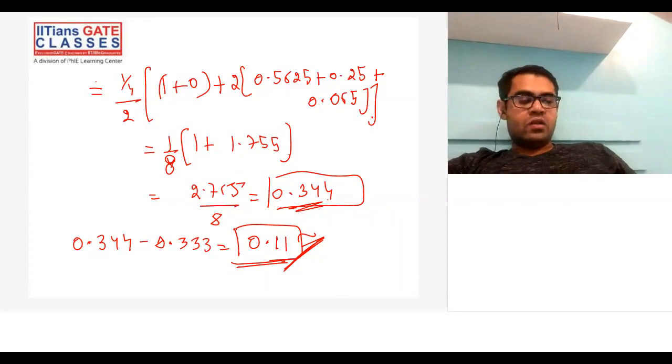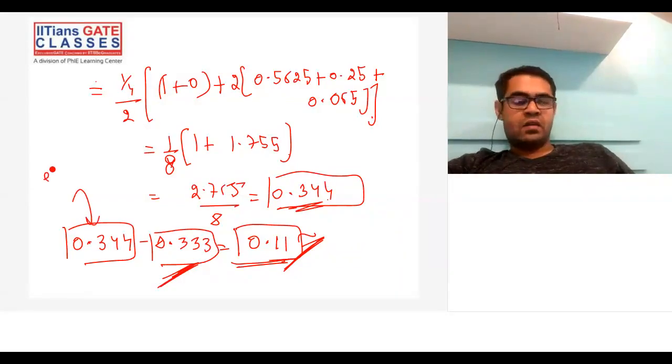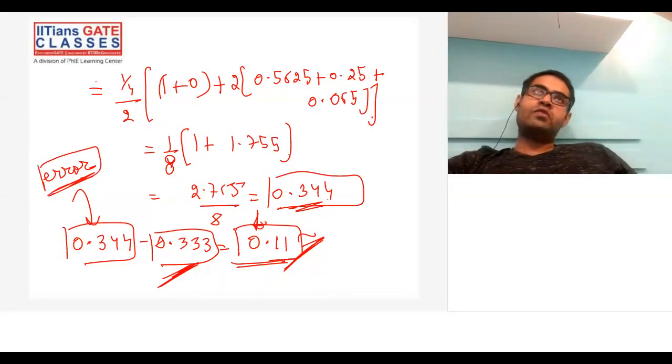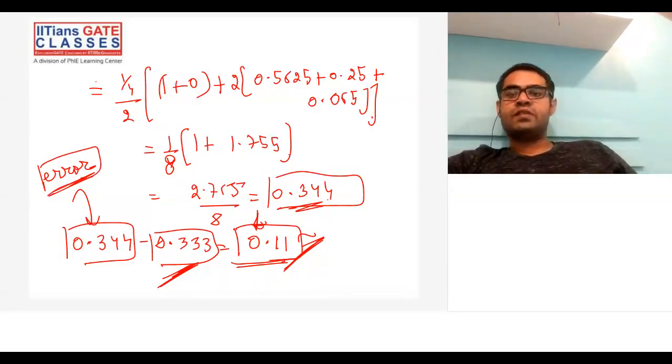The one point I want to tell you is about the difference between these two. This is the exact value that I have, and this value has some error, and this is what the error looks like. Whenever we use different kinds of rules like Simpson's 1/3 or Simpson's 3/8 rule, the error varies in all of these methods.